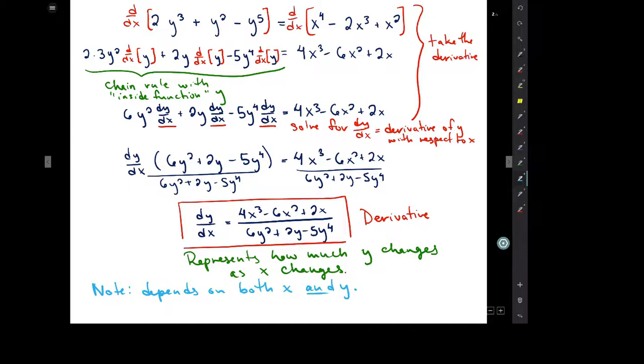If I want to get a number out of this, I have to plug in an x and a y coordinate. And this is because in order to get a tangent line to my implicit curve, I need to specify both coordinates to get a slope.